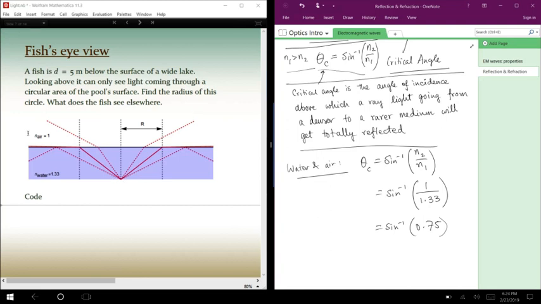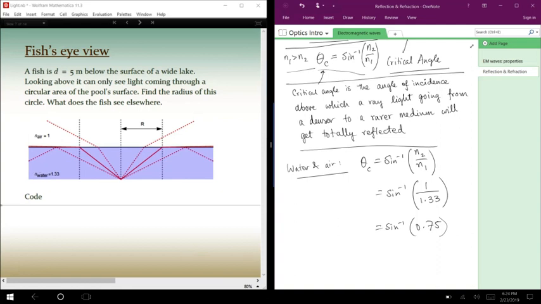If you were an outside observer, you would see this circle defined by these two boundary rays of light, which refract at 90 degrees to the normal.